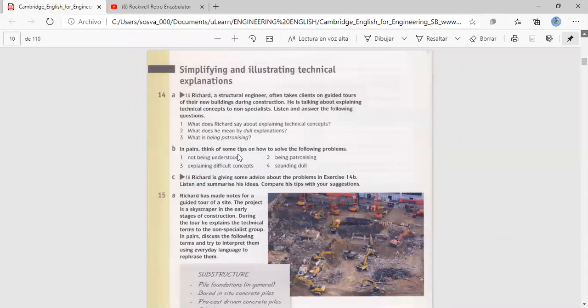So now I think you're looking at my screen. Okay, that's great. So it says in the book, simplifying and illustrating technical explanations, as we said before.